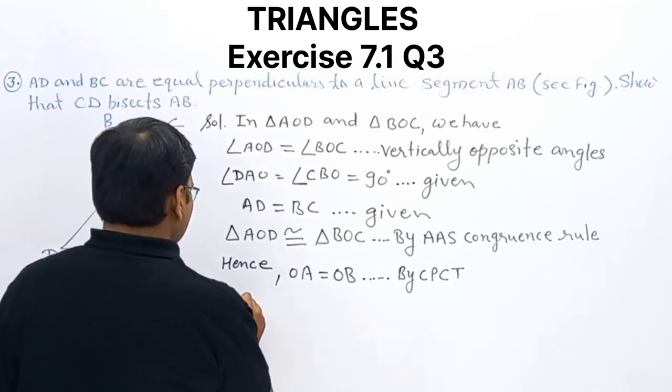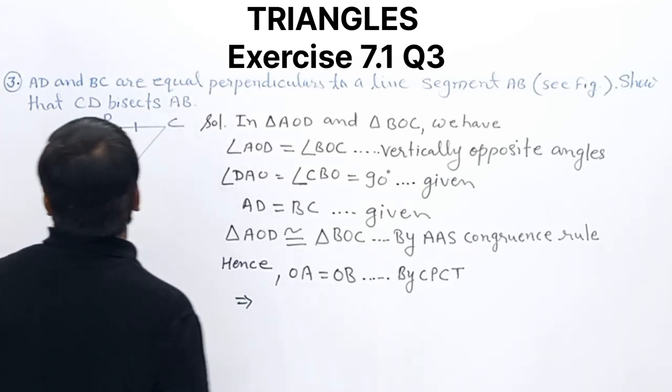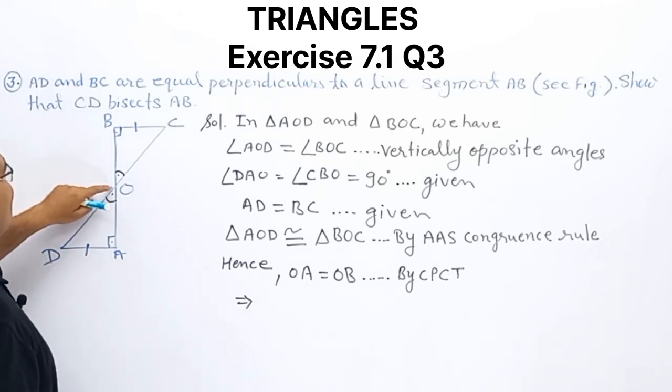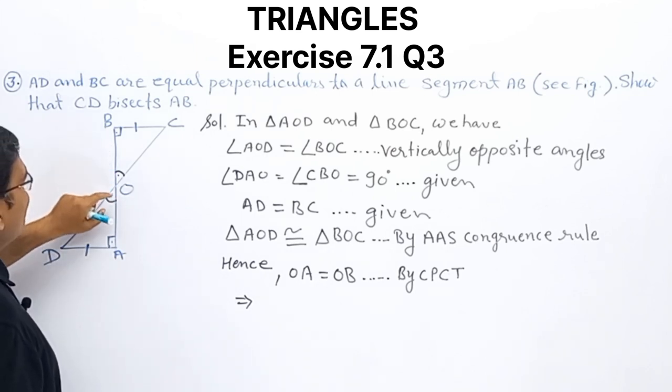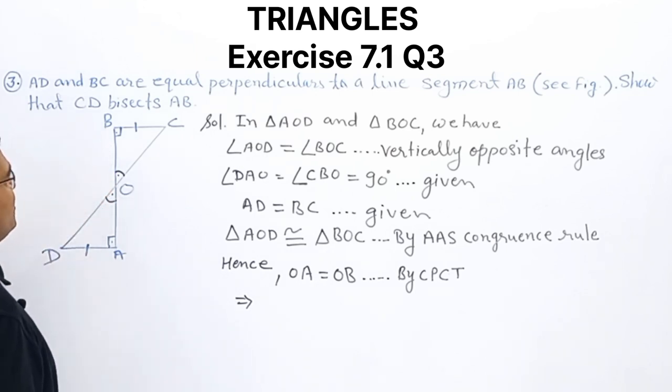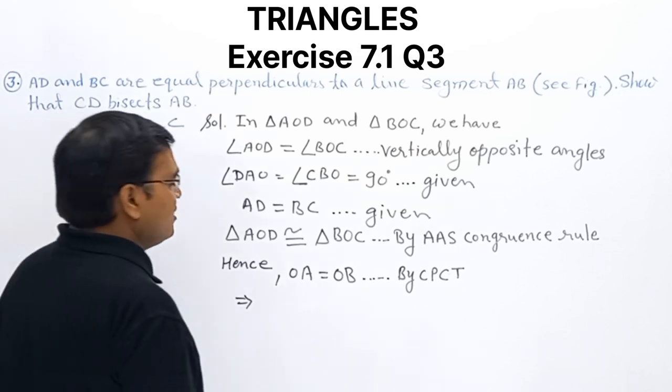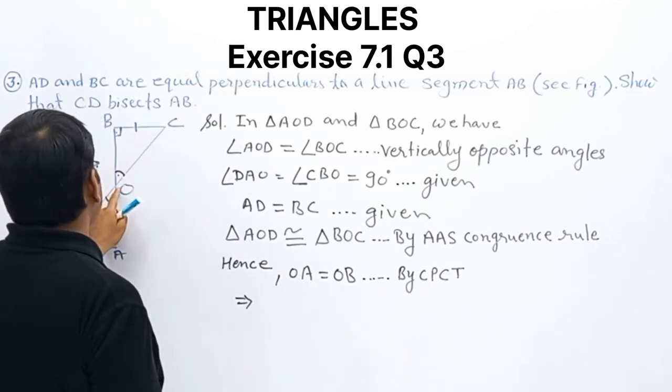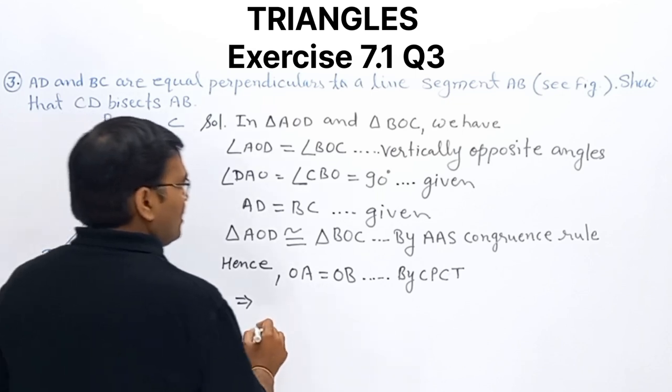So O is bisecting, this equals this one. It means O is the midpoint of AB.